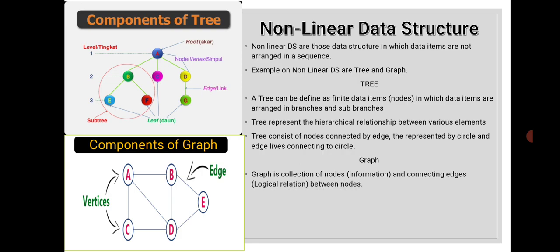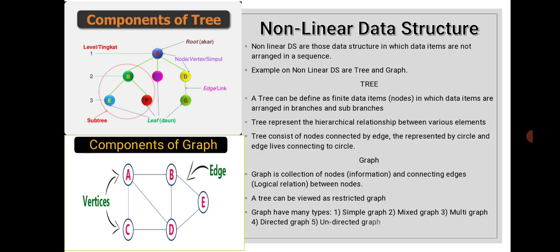A tree can be viewed as a restricted graph. Graphs have many types. One is the simple graph, mixed graph, multigraph, directed graph, and undirected graph.